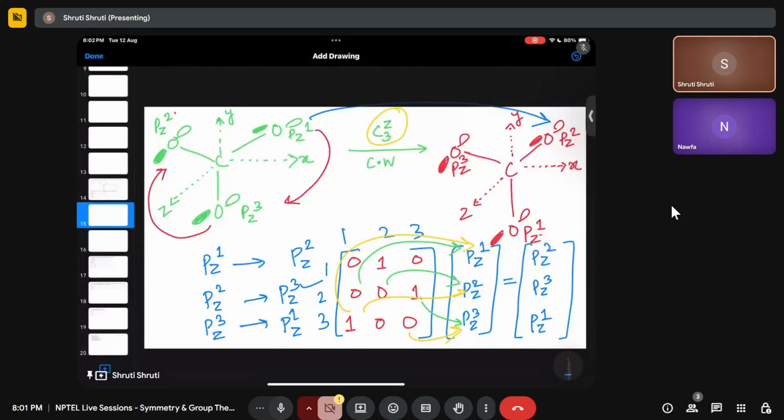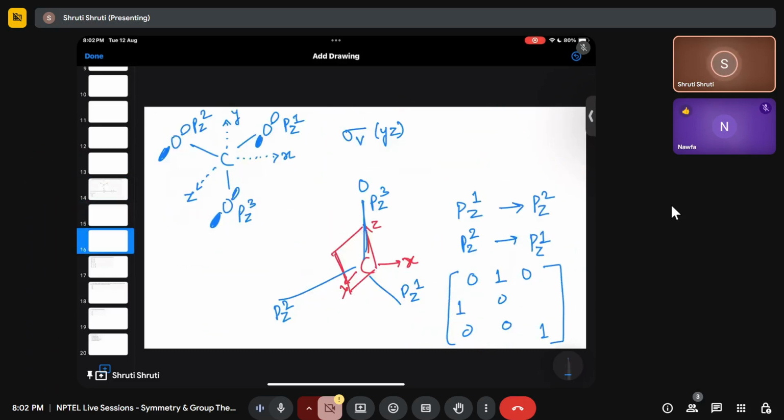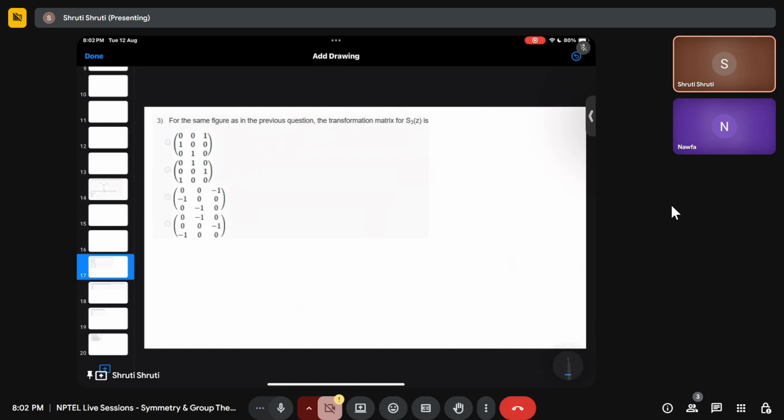Sorry. Then this is correct, the matrix. For C3, 1 is here, right? But you understood, no? That's how we get it. Yes, ma'am.